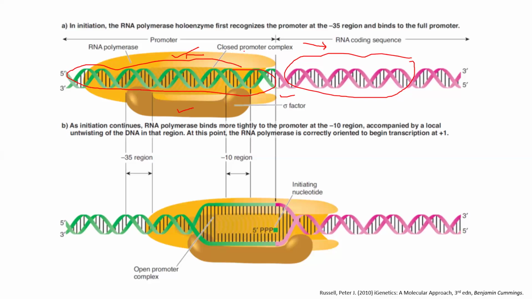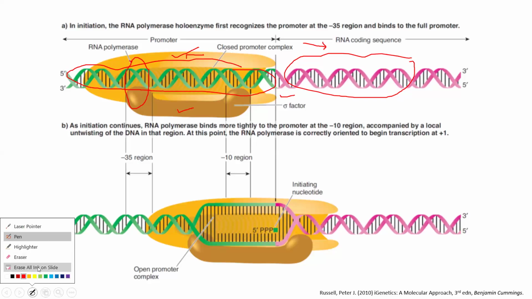So in this first step, the RNA polymerase holoenzyme recognizes the promoter at the -35 region. The -35 region is the -35 consensus sequence, TTGACA. After the RNA polymerase has recognized the -35 region and binds to the full promoter, the denaturation has not happened yet.